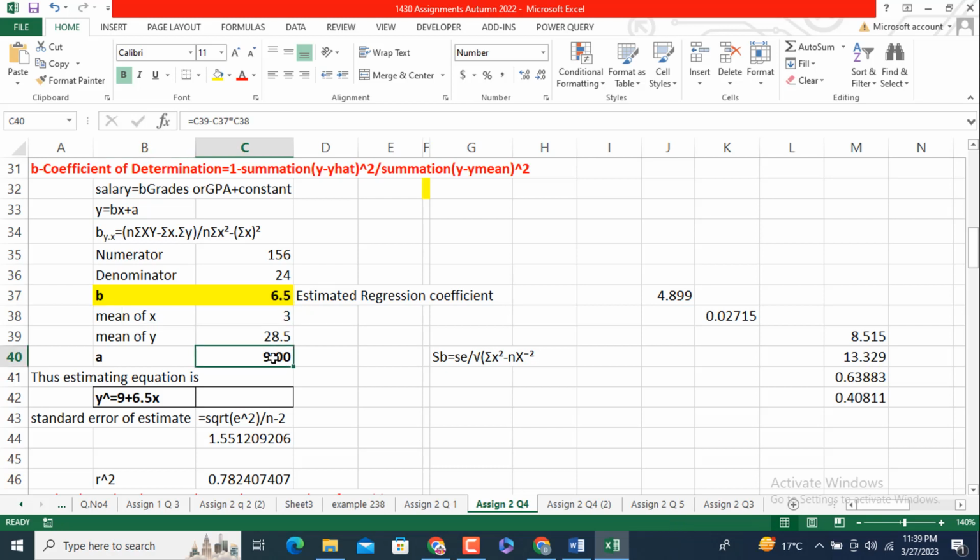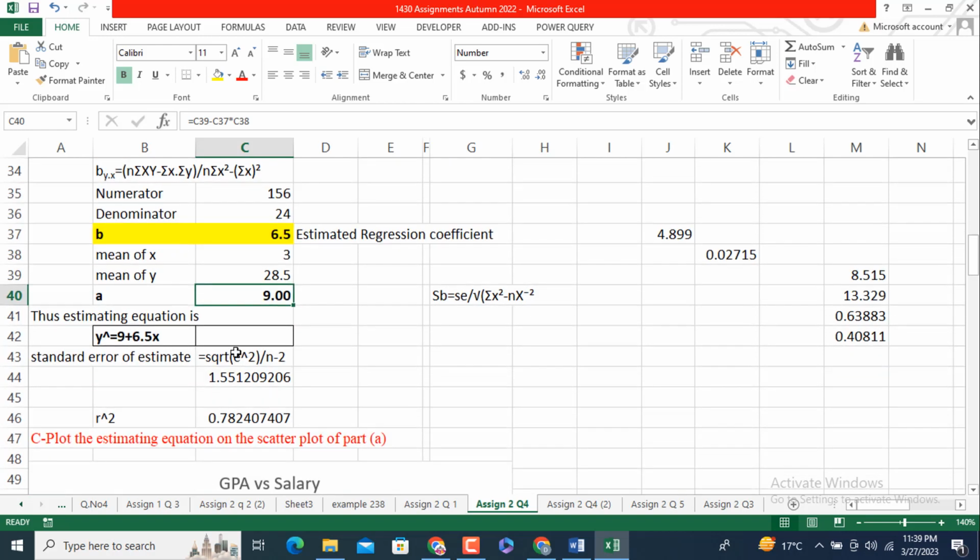So I am going to put the formula here: y bar, 28.5, minus b, which is 6.5, into this 3. So I will get this value 9.0, which is the value of constant a. Lastly, putting these values of b and a, we get the estimated regression equation, the population equation y hat is equal to 9 plus 6.5x.